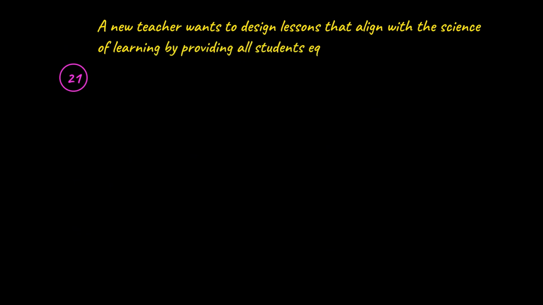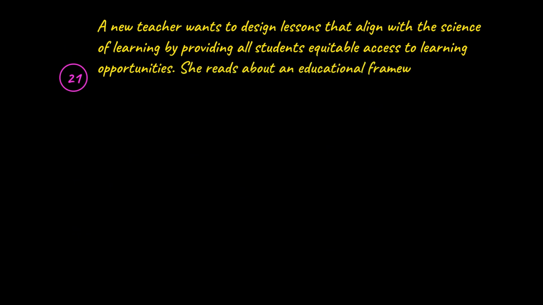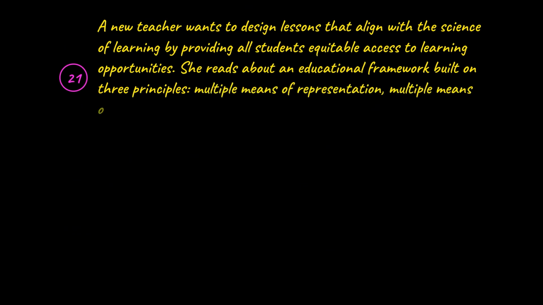Question 21. A new teacher wants to design lessons that align with the science of learning by providing all students equitable access to learning opportunities. She reads about an educational framework built on 3 principles: multiple means of representation, multiple means of action and expression, and multiple means of engagement.